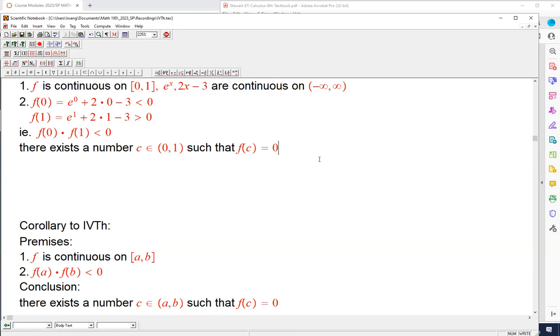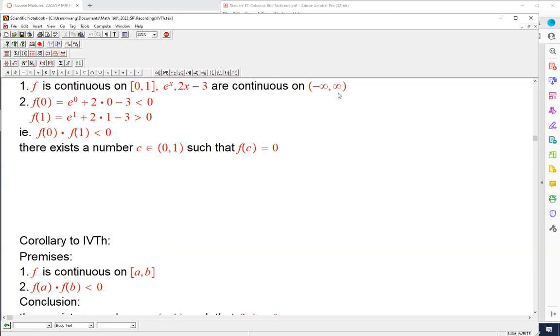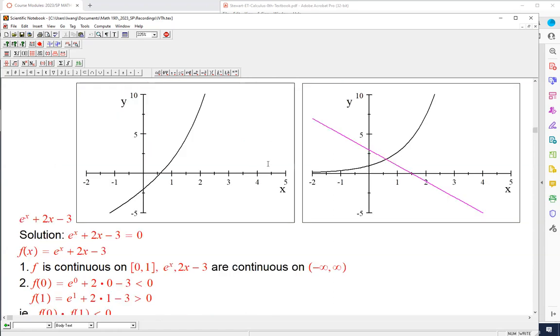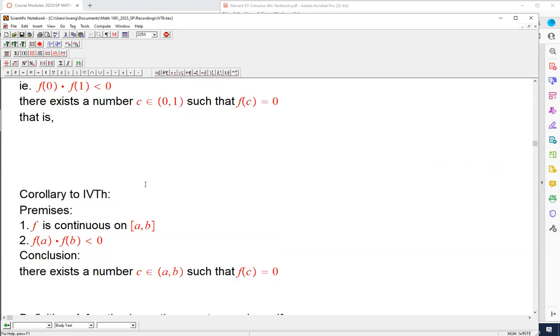You just quote the theorem, and that means we are looking for solutions for this equation after all, right? So f of C, that number C will make it 0. So that's certainly the root.